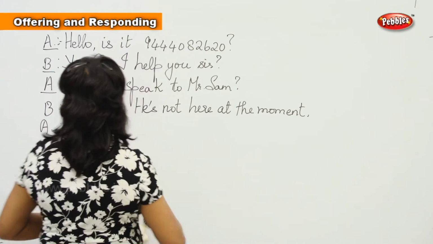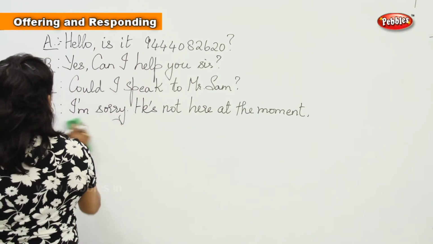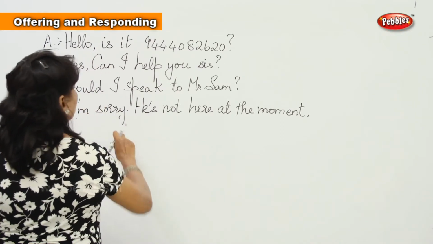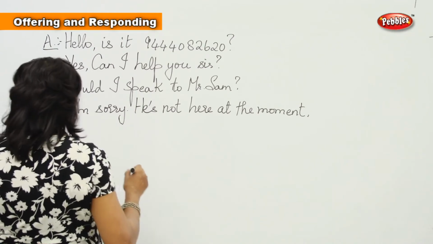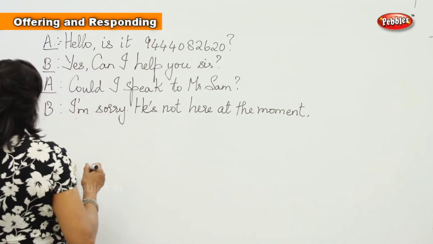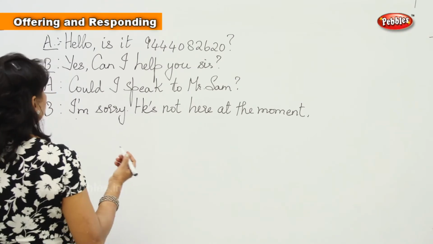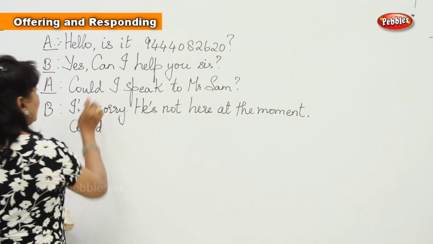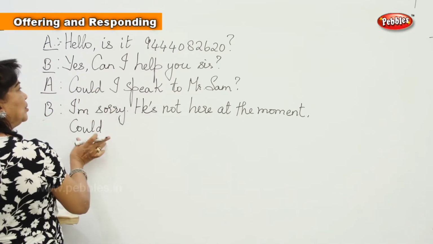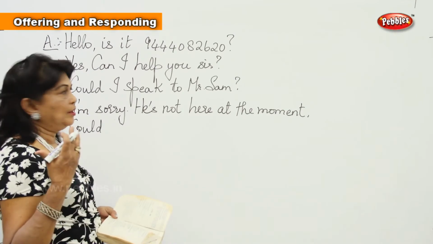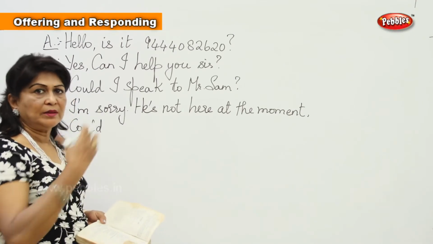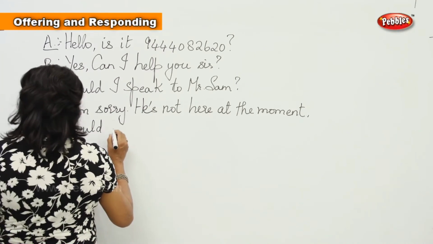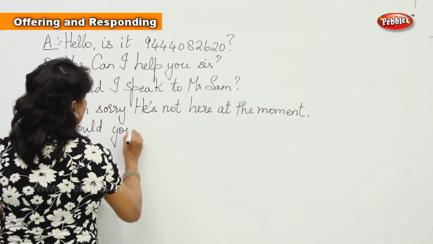He's just asking whether he can leave a message. Okay, so I'm sorry he's not here at the moment. Please, could you leave a message for him, sir? See, if you see, they are using the word could. Could denotes that it is formal conversation. You always use could. Okay. Could you leave a message for him?